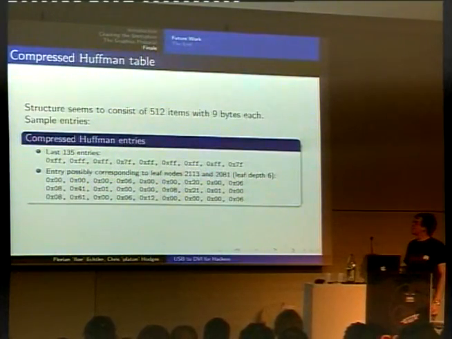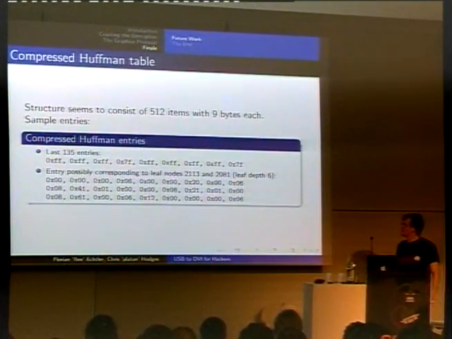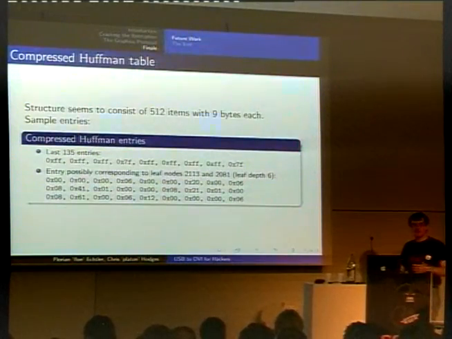Both of them have a bit length for the code of 6 bits, so these are pretty often occurring differences. You can see, for example, this is 2113, this is 2081. It looks like this record somehow contains pointers to the leaf values, and these maybe contain the bit depth. But exactly how these are interrelated, we haven't yet figured out.